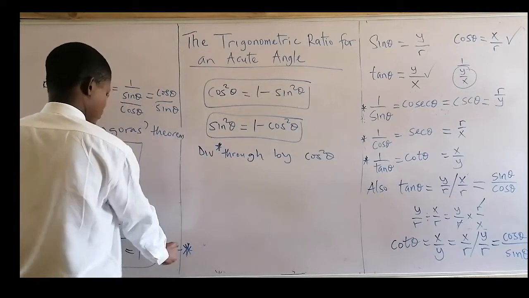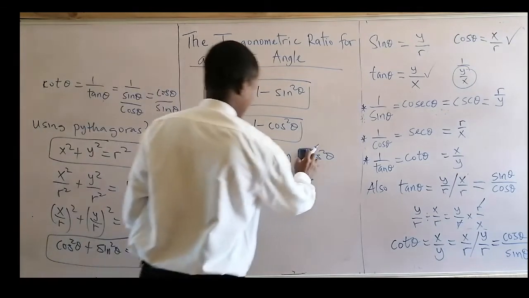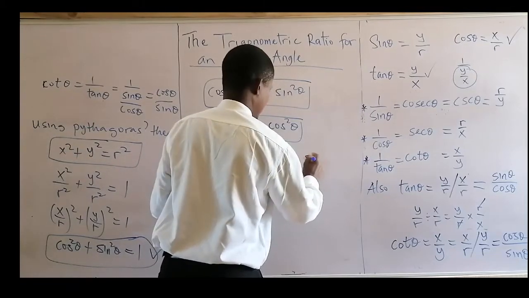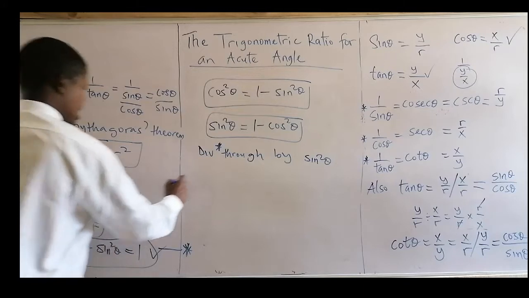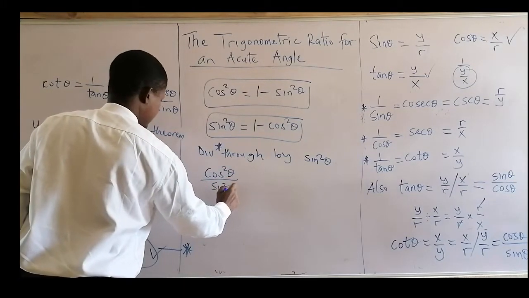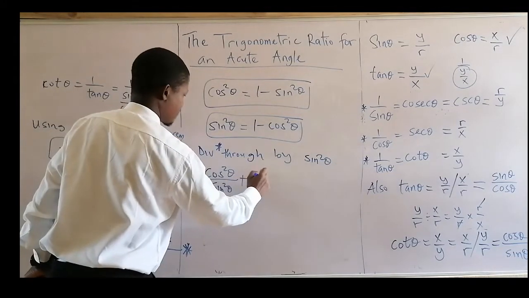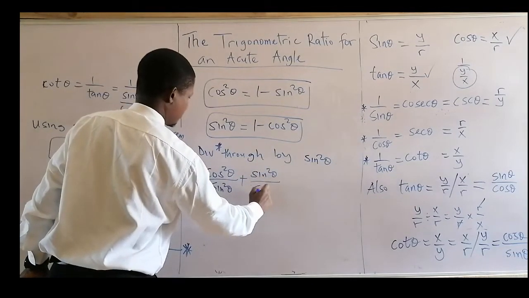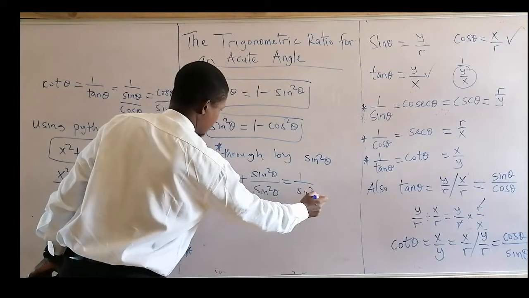Divide through equation star by sine squared theta. Let's start with sine first. So that will be cos squared theta over sine squared theta plus sine squared theta over sine squared theta, equal to 1 over sine squared theta.